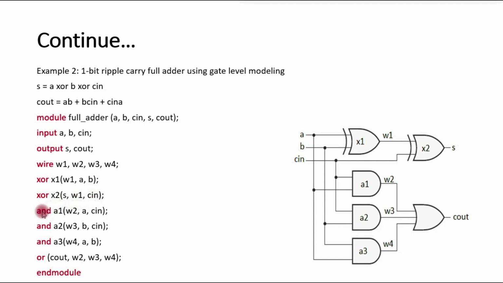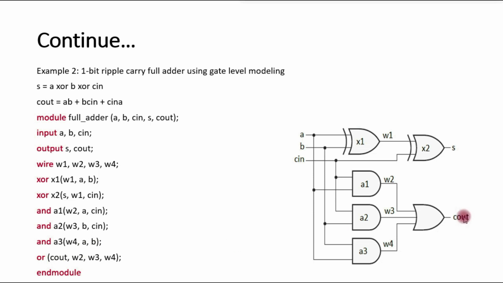Similarly for carry out signal there are three AND gates. So first AND gate A1, output will be W2, inputs are A and carry in, C in. For second AND gate, output is W3, inputs are B and carry in, C in. For third AND gate, output is W4, inputs are A and B.